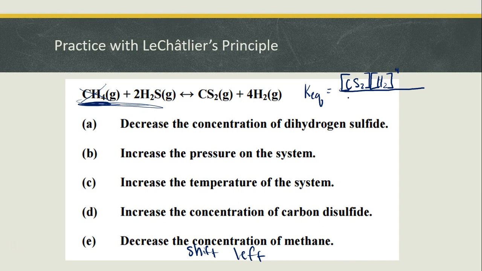Raise to the 4th power. Then we put it over the reactants over here. That's CH4. Raise it to its coefficient, which is an understood 1, so we leave it. And then put the other thing in square brackets. That's H2S, and raise it to its coefficient. Oops, sorry, that's a 2. I wrote a 1. So we raise it to the 2nd power. Right there, that is the KEQ.